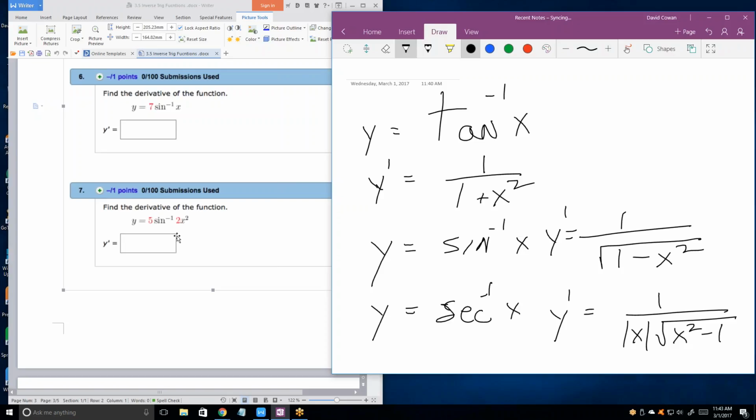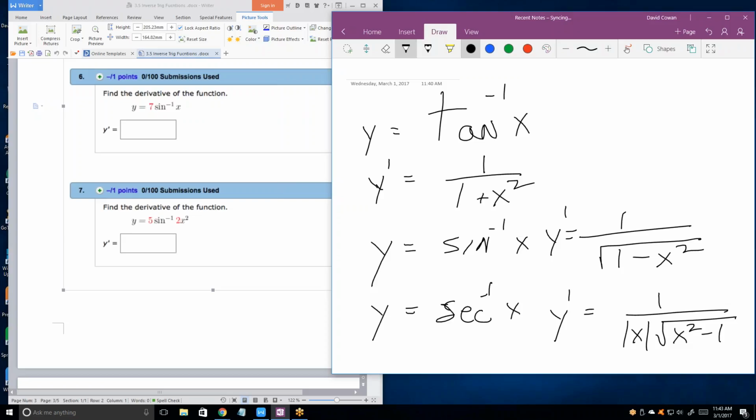Now, there's three other inverse trig functions. There's cotangent, there's cosine, and there's cosecant. In other words, what we listed were the trig functions, and the other three are the cofunctions of these three trig functions. Cotangent's the cofunction of tangent, cosine's the cofunction of sine, and cosecant is the cofunction of secant.